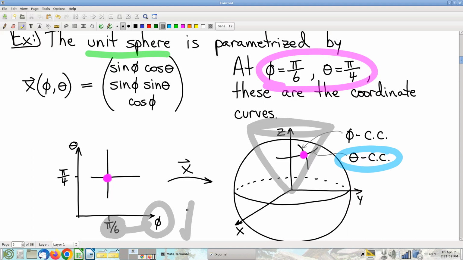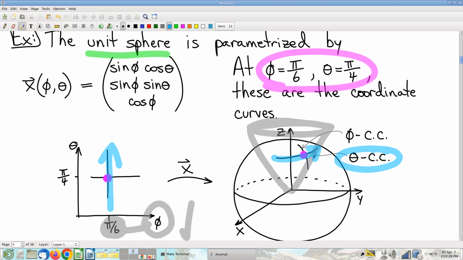Now let's ask the question, what happens on that theta coordinate curve when theta starts to change? Theta is still a variable. Theta is allowed to change. And as theta goes from some smaller value up through pi over 4 and continuing along, that just moves us around that cross section right there. So what I have there in blue is the theta coordinate curve, because phi is constant. Everybody good? Just an example.